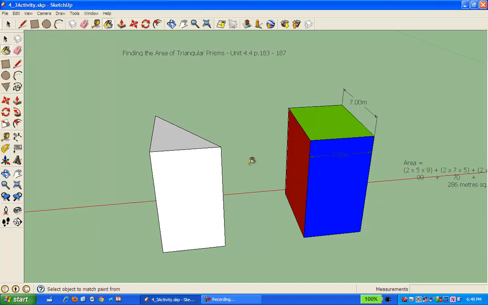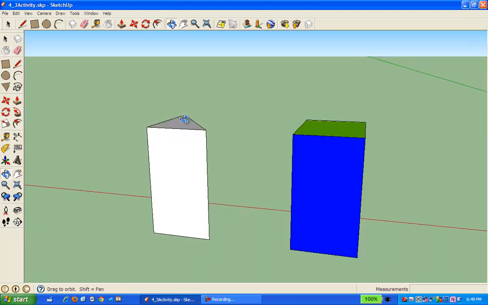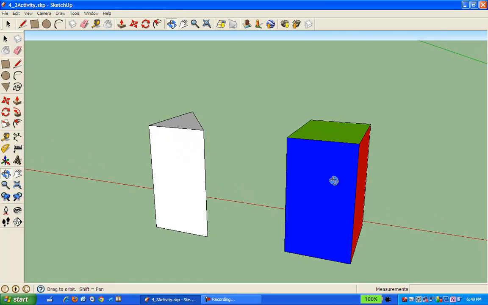But for future, if I calculate the area of this triangular prism, basically it is exactly half of the area of this rectangular prism. So I can calculate the same for each triangle, and then I'll just divide it by 2. All right? And so I have 286 meters squared now for the rectangular prism.